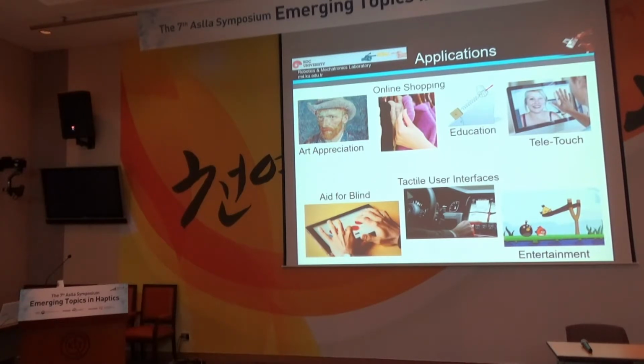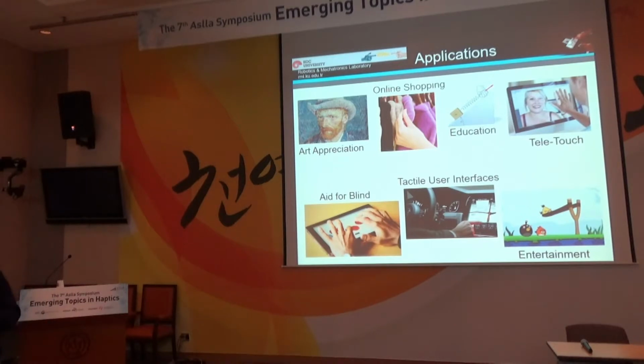Some other applications could be education, touch. Again, I want to emphasize that softness is probably very important here. And one very promising application in my mind is aids or user interfaces for the blind.